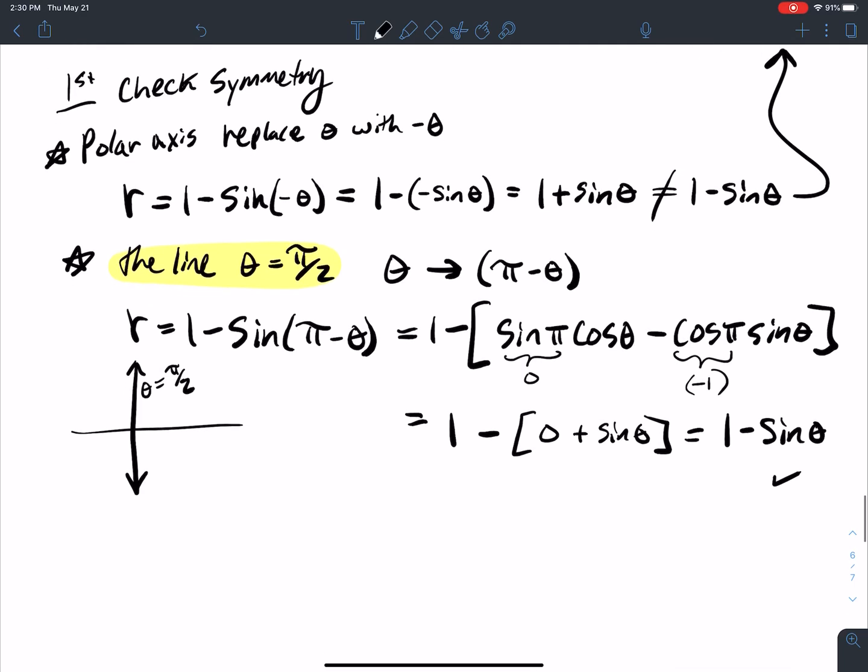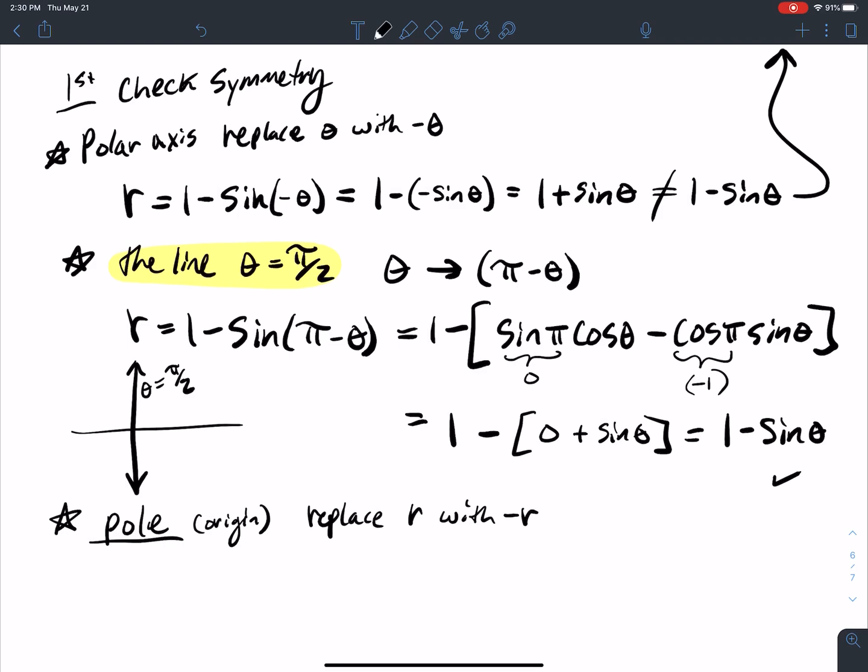All right. Now, for symmetry with respect to the pole, so origin symmetry, I'm going to replace r with negative r.